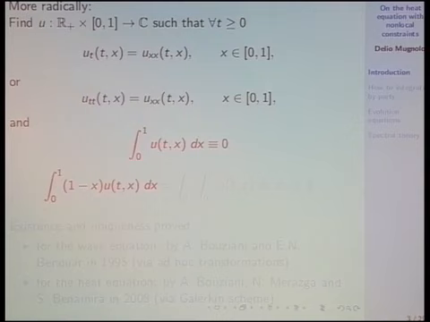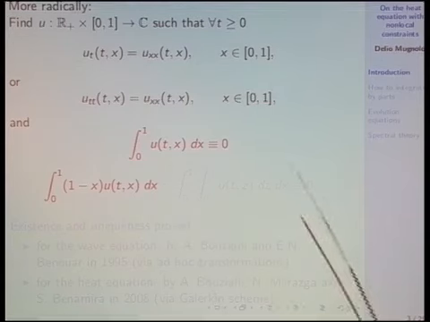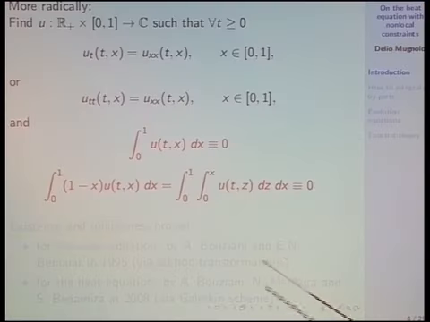And the fact that the center of mass is conserved, up to shifting u, you can just assume that this means that the center of mass is identically 0. And this amounts to saying that this term, which means the first moment of the function u, is equal to 0, but then by integration by parts, you can rewrite this in this form.